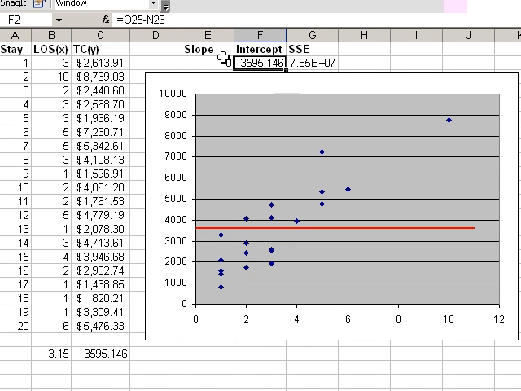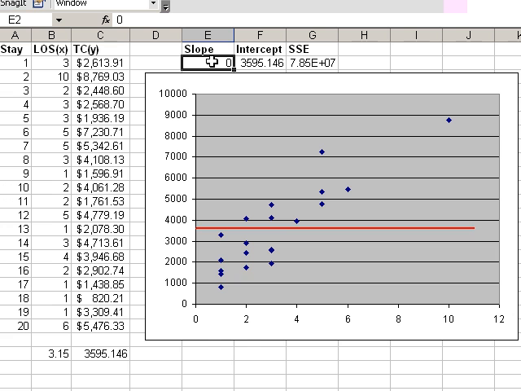As we move the slope, the intercept will change to try to fit the line to the blue points, with the mean value for points on the line always being the same as the mean value for total charges.